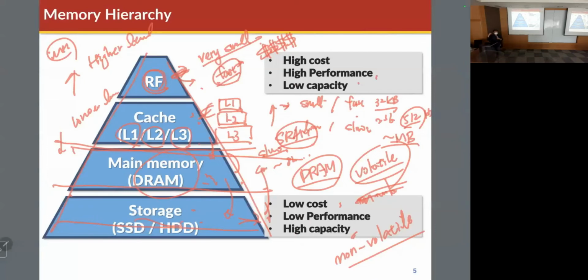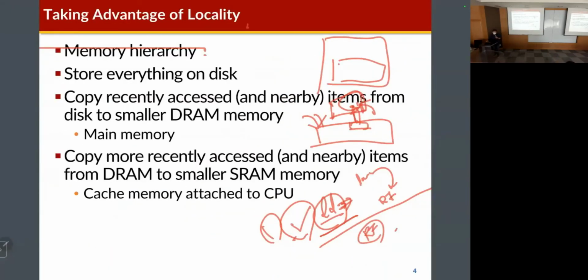But if a program just uses a small amount of data, and this small memory is fast, then we can store the frequently used data in the small memory, right? Because this data will be repeatedly accessed by the program with the load instruction.